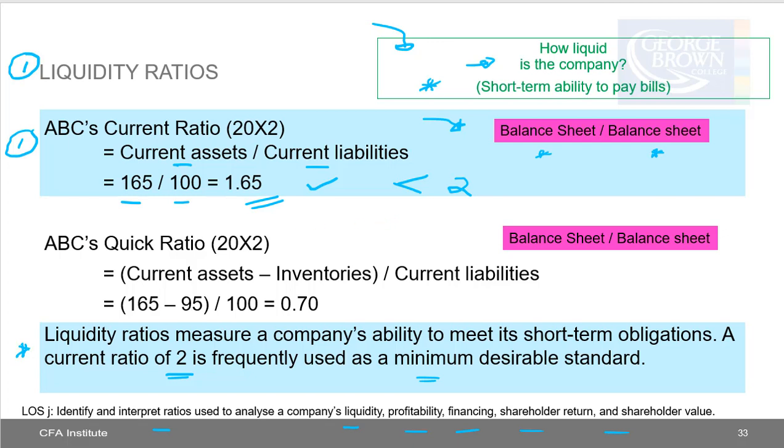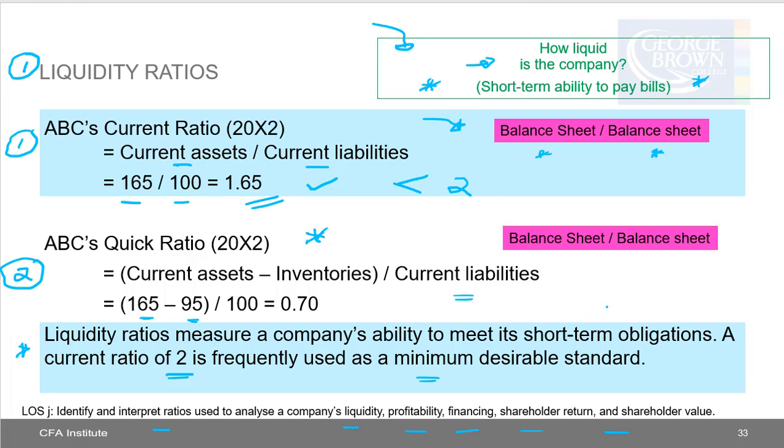Okay. So the second ratio with regards to liquidity is the quick ratio. And the quick ratio, the denominator is the same. We're dividing by current liabilities. The numerator is current assets minus inventories, okay? So we started with the 165 current assets, but we're subtracting out the inventories. Now, why would we want to do that? Because if we're looking at a company's ability to pay bills, if they needed to come up with cash fairly quickly, well, we know sometimes inventories are obsolete.